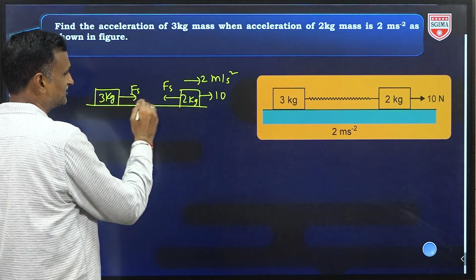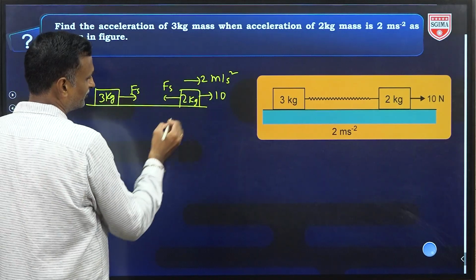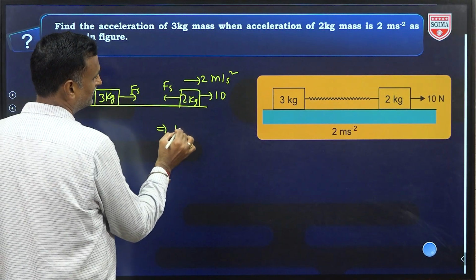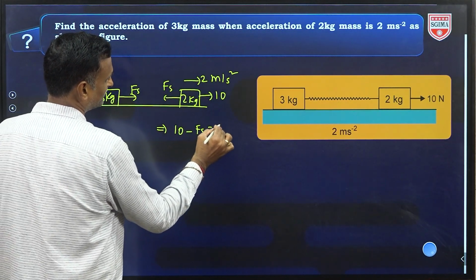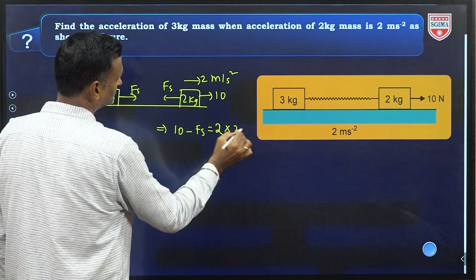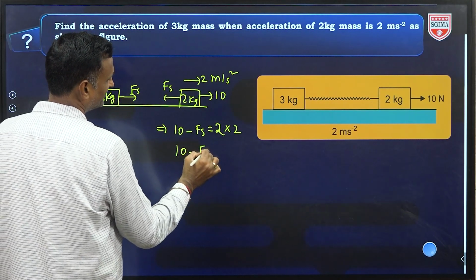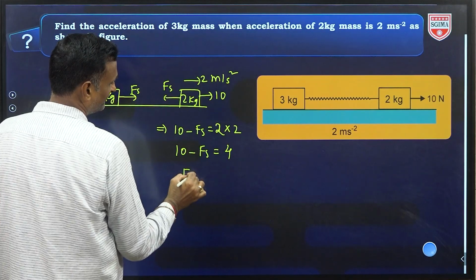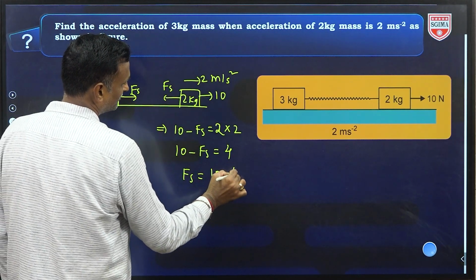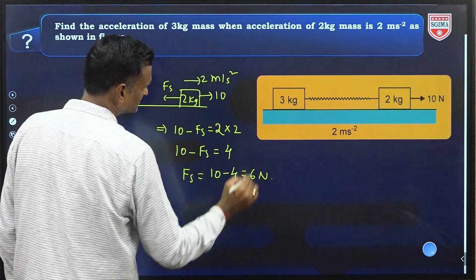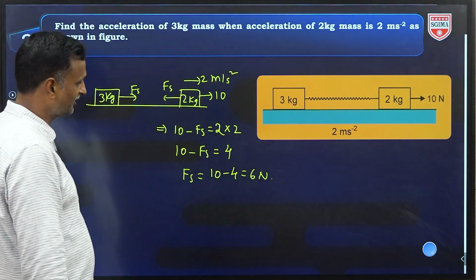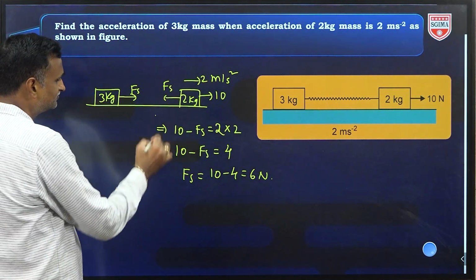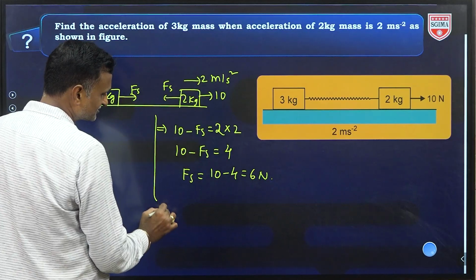So this is the free body diagram. Now for the 2 kg block, what we get? 10 minus Fs equal to 2 into 2. So 10 minus Fs equal to 4, Fs equal to 10 minus 4, which is 6 Newton spring force we got. Now we can go with the next concept here.